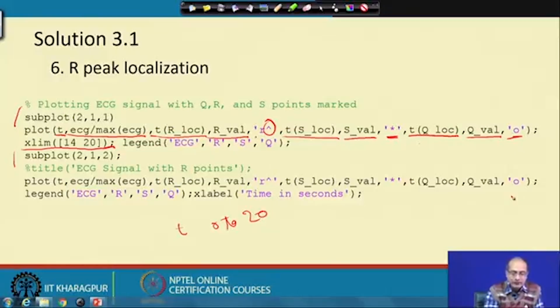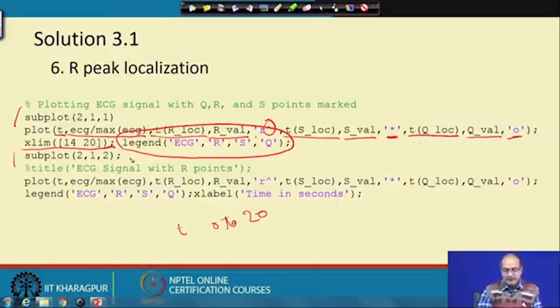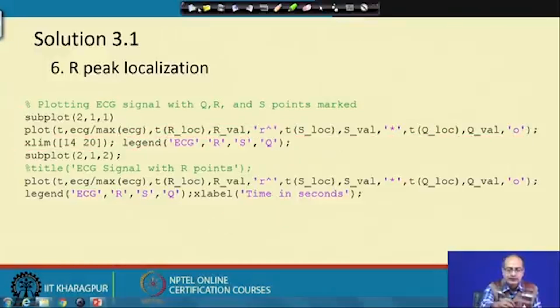And another thing we have used is something called legend: ECG, R and S, the different symbols that we use would be given there. So, let us see now how successful we are in drawing that plot.